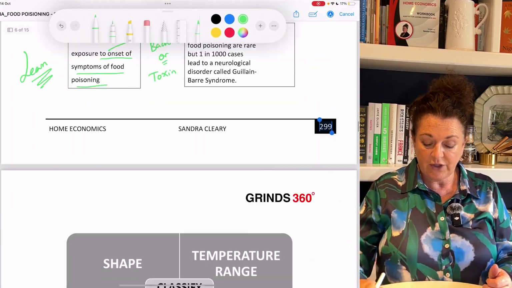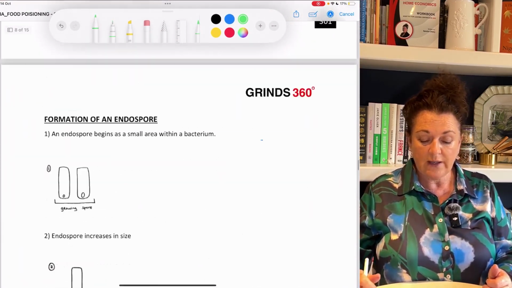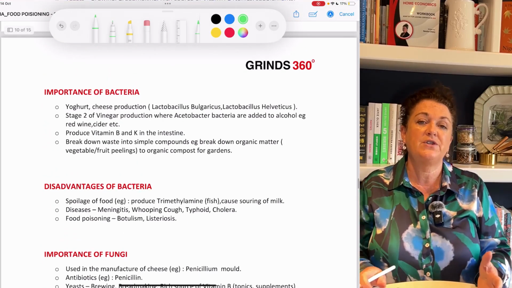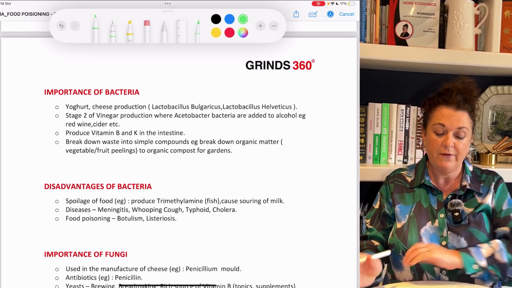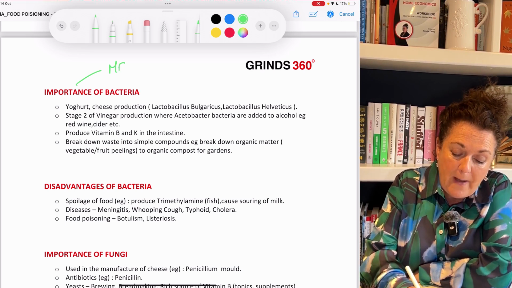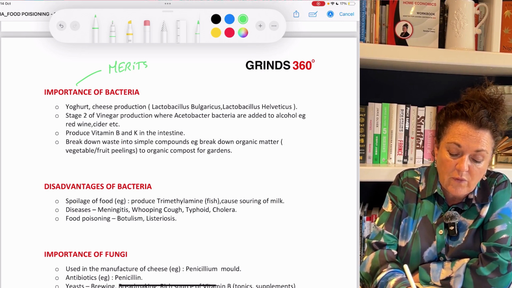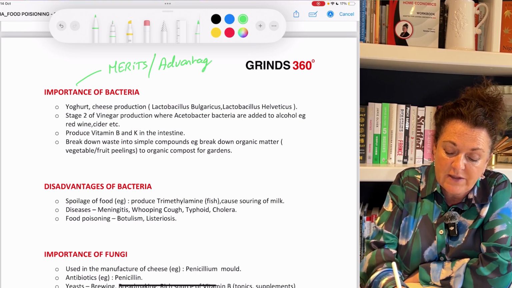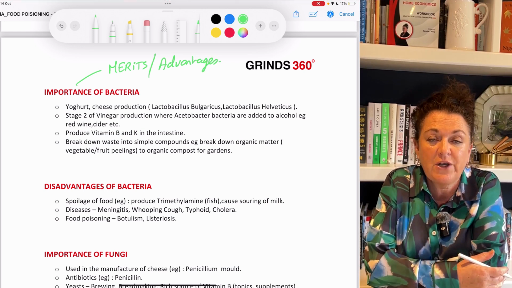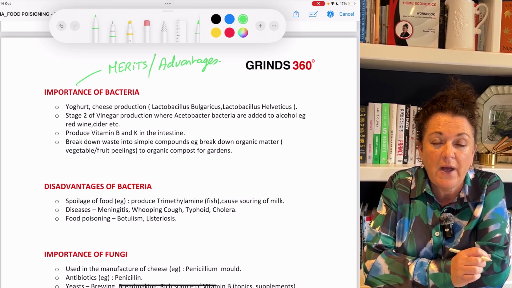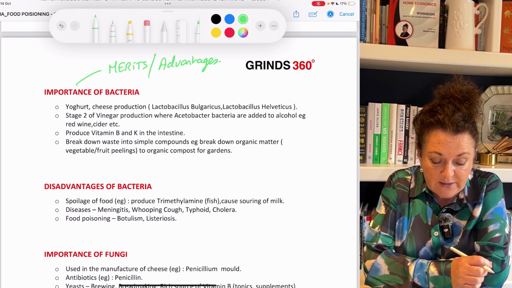Now, just to finish here, we want to look at the advantages and disadvantages of bacteria and fungi. So, importance of bacteria, that would be the merits, or it could also be the advantages of bacteria. Remember, we said at the beginning of the chapter there's desirable effects and then there's undesirable effects with bacteria.